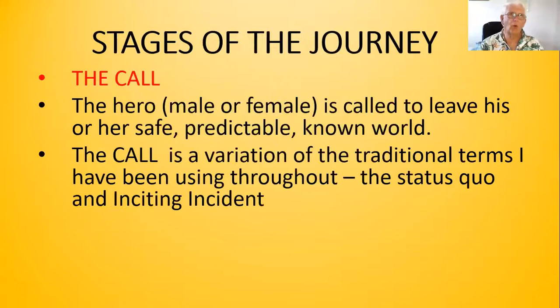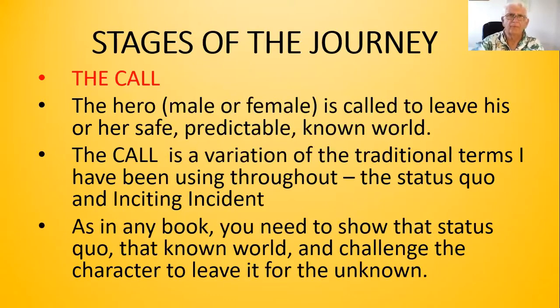And so you can see the call in this hero's journey is just a variation of those terms that I've been using throughout these lessons, those traditional ones of the inciting incident, that's the call, and the status quo, that's the safe, predictable world. As in any book, you're going to have to show that status quo. You're going to have to show the known world, the traditional world, before your classic hero steps out and is challenged to leave it for the unknown. So they're elements of the call.